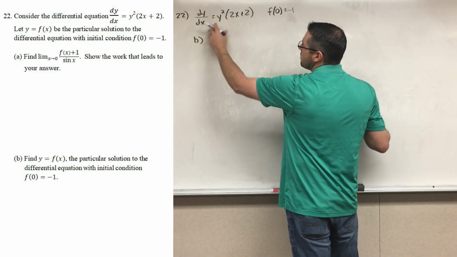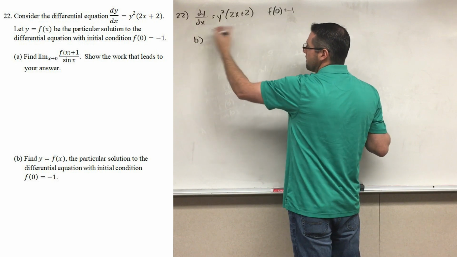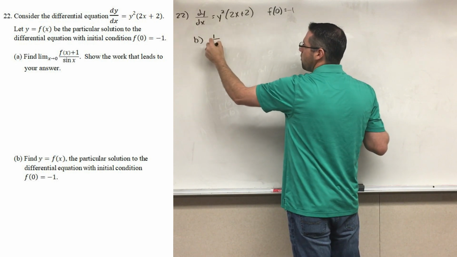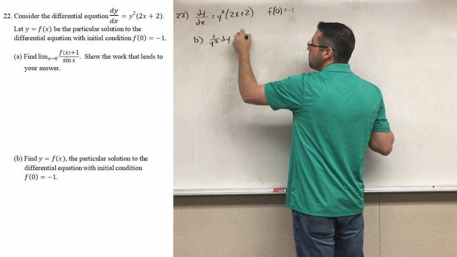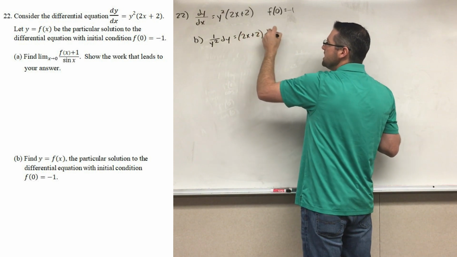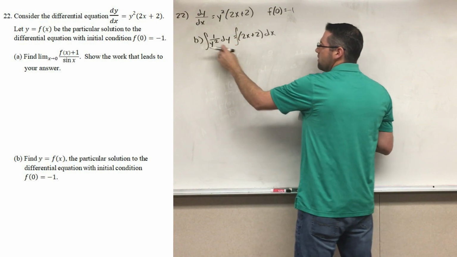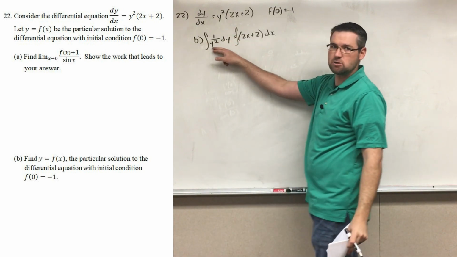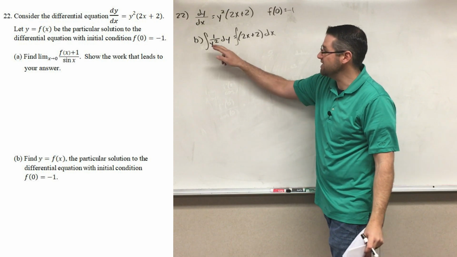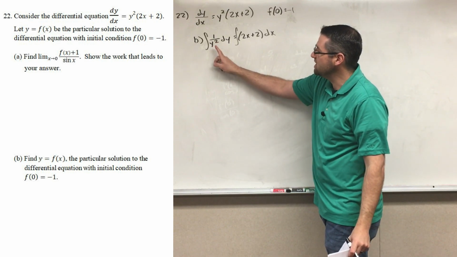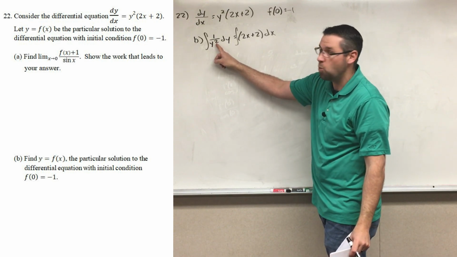So in order to solve this, our first step is to separate the variables. So this is going to be 1 over y squared dy equals 2x plus 2 dx. We'll integrate both sides. Well, there's a common tendency to say, oh, that's natural log. We've said this multiple times. It's not natural log because the only time it is natural log is when the exponent on the bottom is 1.